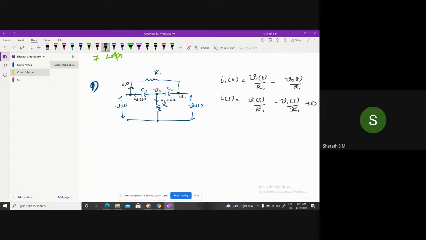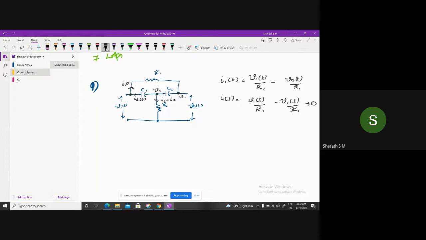Afterwards, the second node, that is current I2. I2 belongs to which node? What's the equation for I2? I1 is equal to Vi minus V0. It starts from Vi and ends up across V0. So what about I2?